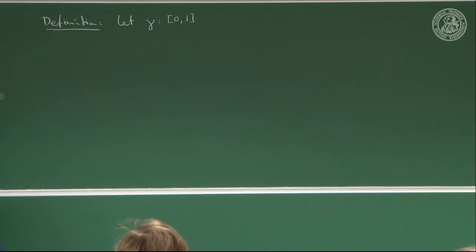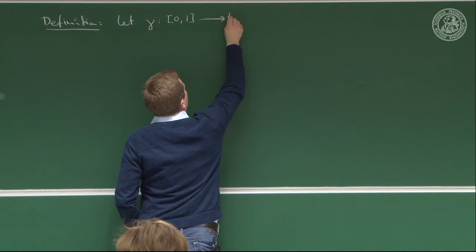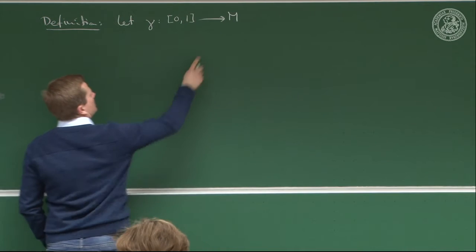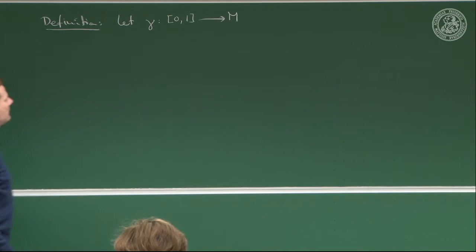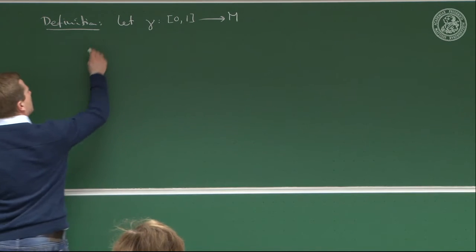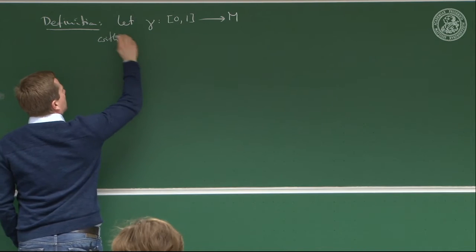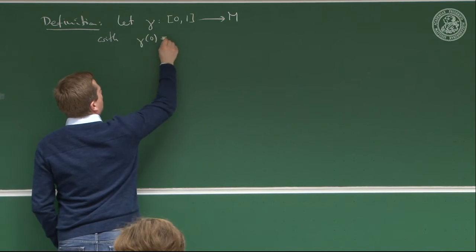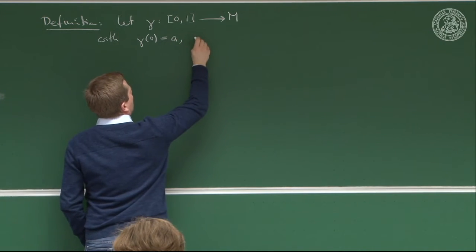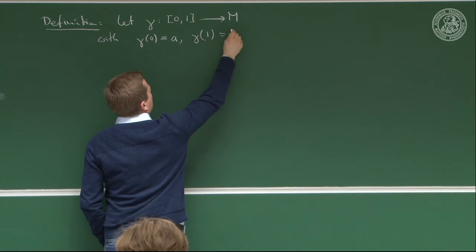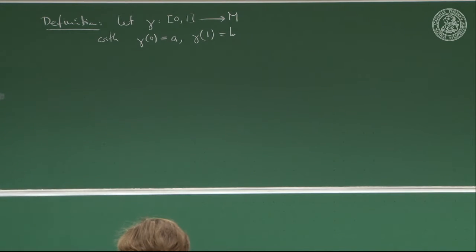Okay, so let gamma be such a curve in the base manifold. Okay, so it's important that this is the base manifold. And with gamma of 0 being a point A and gamma of 1 being some point B in the base manifold.